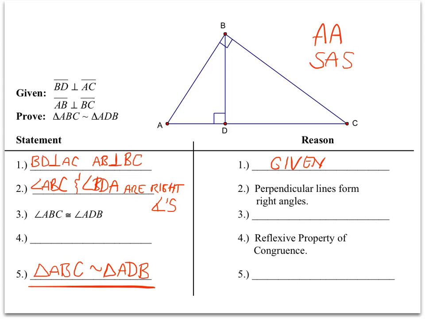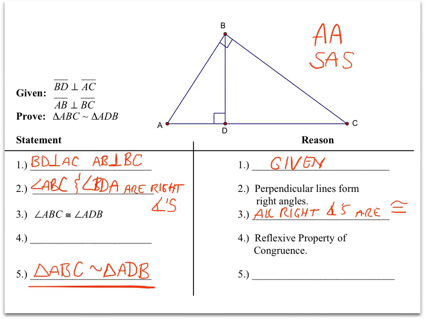Step 3, we can say that the angles are congruent. Why? Well, this is kind of another duh statement because all right angles are always congruent. So, next thing I have is, let's see. We have shown that one pair of angles are congruent. We have to somehow come up with another.